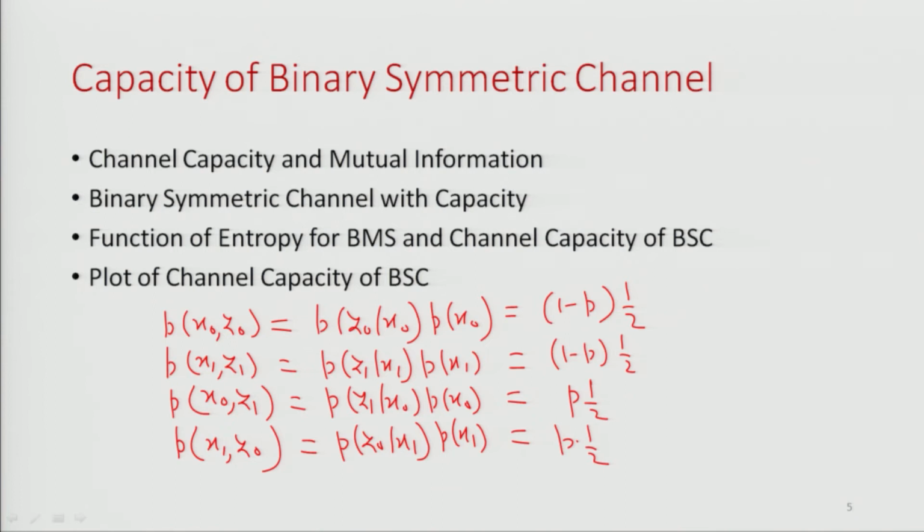These are the joint probabilities which will be used to find the mutual information. Now, output probabilities: how will we find the output probabilities P(y_k)? P(y_k) is nothing but the summation over j from 0 to n minus 1 of the joint probability P(x_j, y_k).